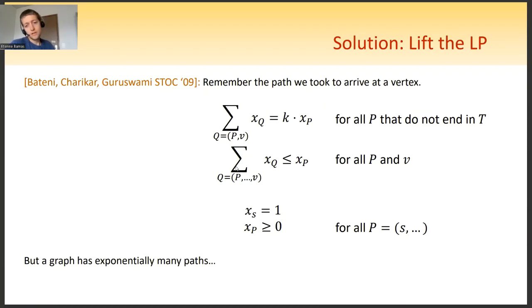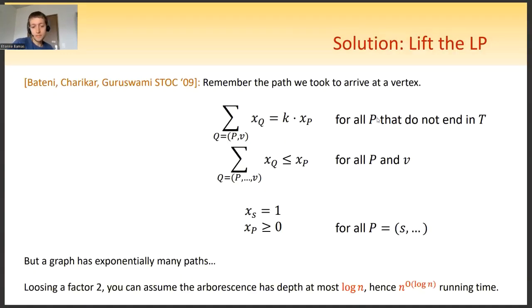But of course, now it's not clear what to do with this relaxation, because a graph has exponentially many paths. So notice that here it would mean that I have exponentially many variables and exponentially many constraints. And a crucial trick that appears in previous work is that if you're fine with losing a factor 2, then you can assume that your integral solution has depth at most log n.